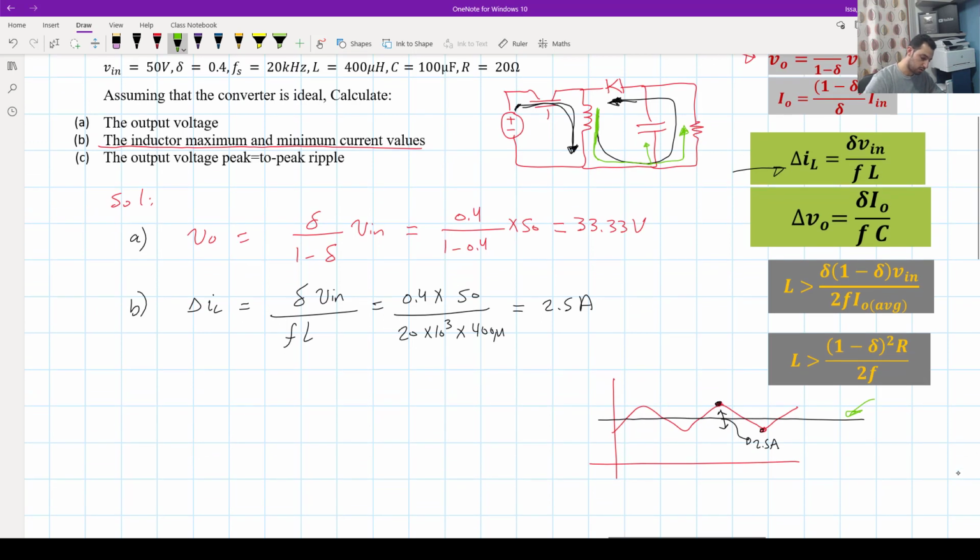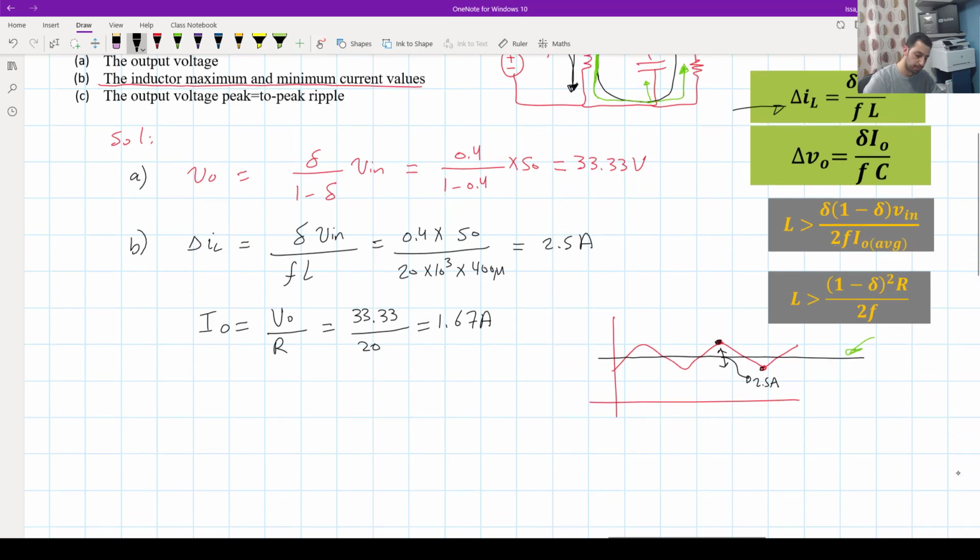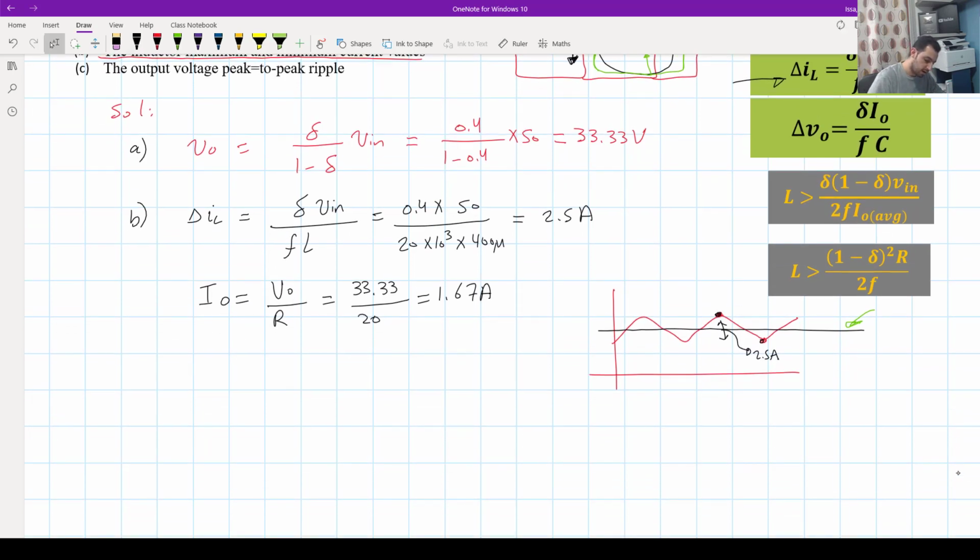Okay, so I can say my output current equals my output voltage divided by the resistive load, and that will equal 33.33 divided by 20, and that will give us a value of 1.67 ampere. But this is my output current, but how much will my inductor deliver from that? I think my output current equals my inductor current, but that is during just the off time.